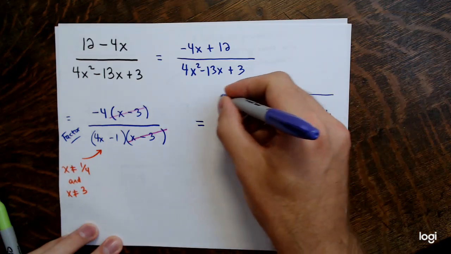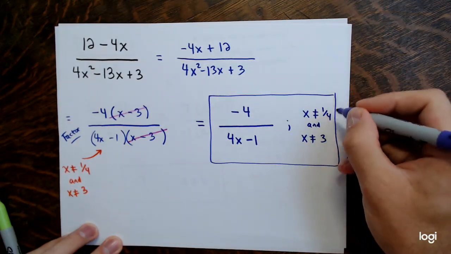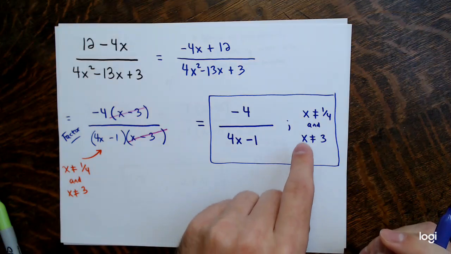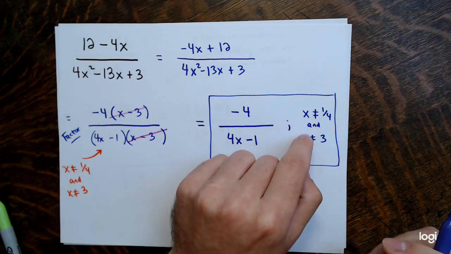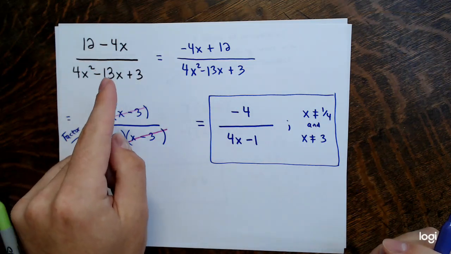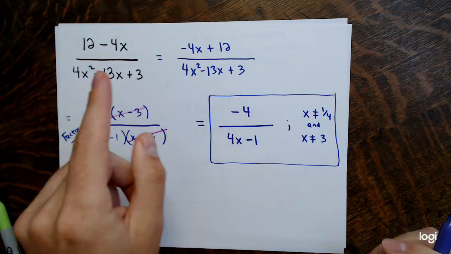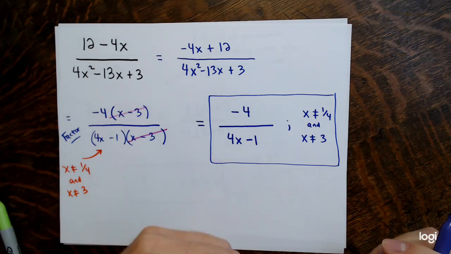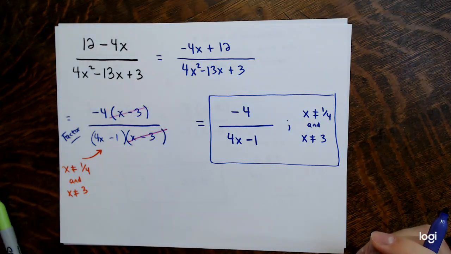So I'm going to put that over here. And check it out: try any number other than these two, plug them in here and here, and these should be the same value. Try it with 0, 1, 5, 10 billion, a third, whatever. Just so long as it's not a fourth or 3, you should be good. These should be the same.